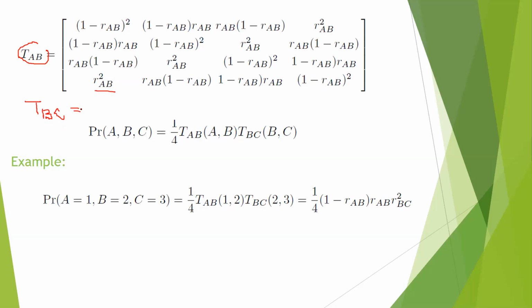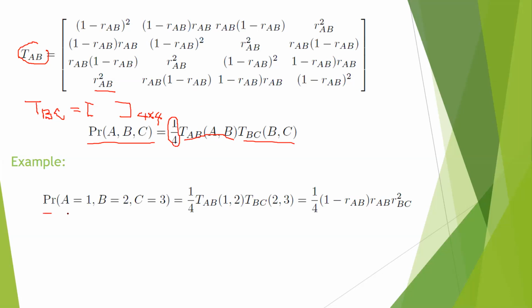So to define your matrix for the BC, also 4x4, and we use the same joint probability calculation. This is the Markov chain transition. And now you understand why we put 1/4 here rather than 1/2, right?